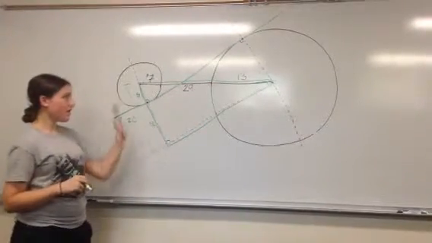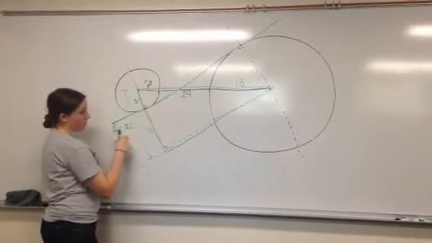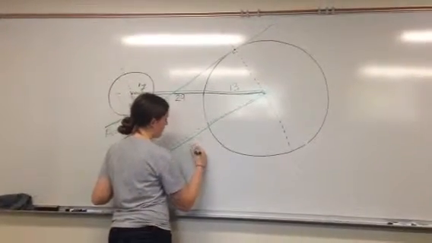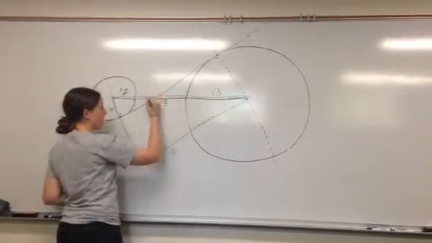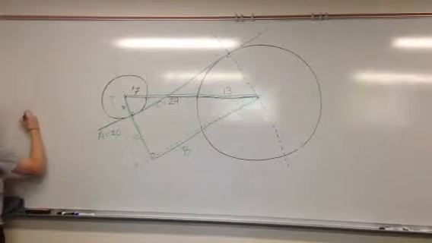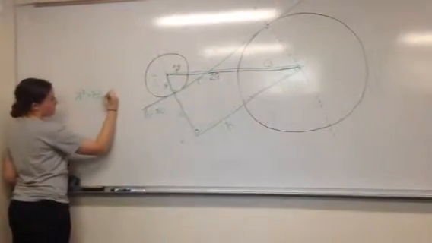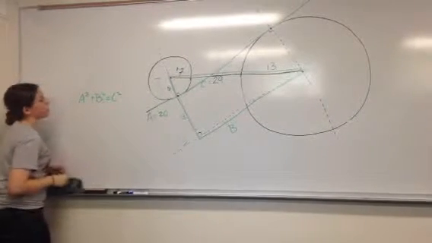So I'm going to assign each side a letter. This one will be A, so A equals 20. B, we don't know yet, and C equals 29. That means that A squared plus B squared equals C squared.